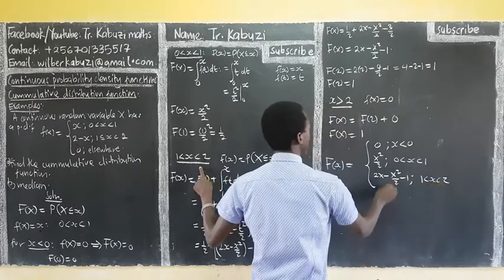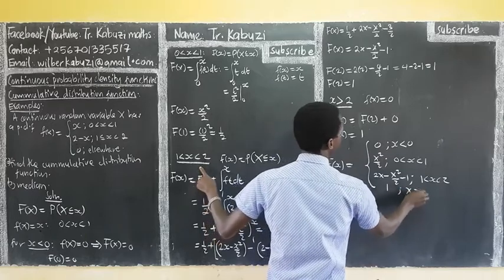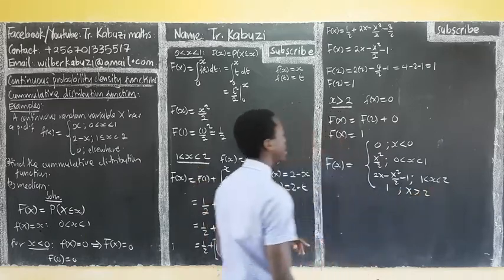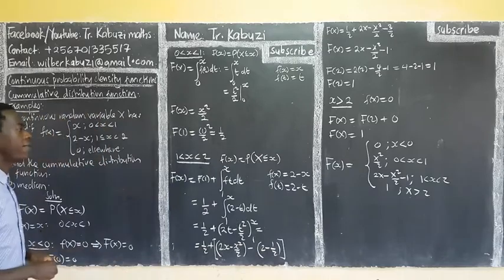Then we saw that it was 1 for x above 2. And that's how we define our CDF.